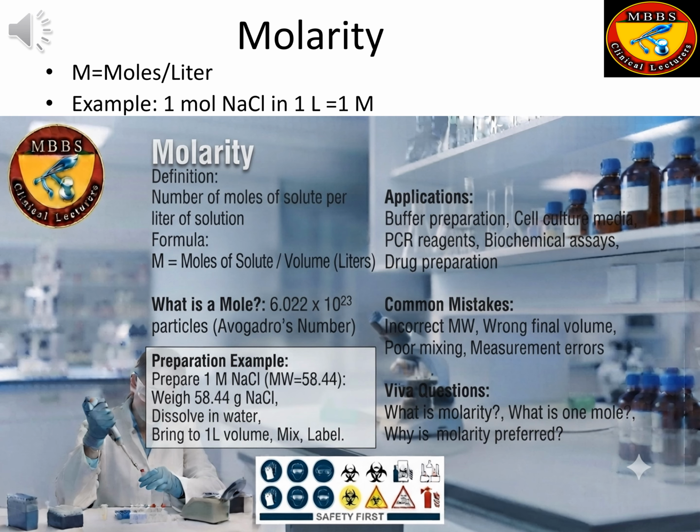Applications: buffer preparation, cell culture media, PCR reagents, biochemical assays, drug preparation. Common mistakes: incorrect molecular weight, wrong final volume, poor mixing, measurement errors. Viva questions: what is molarity? What is 1 mole? Why is molarity preferred in laboratories?